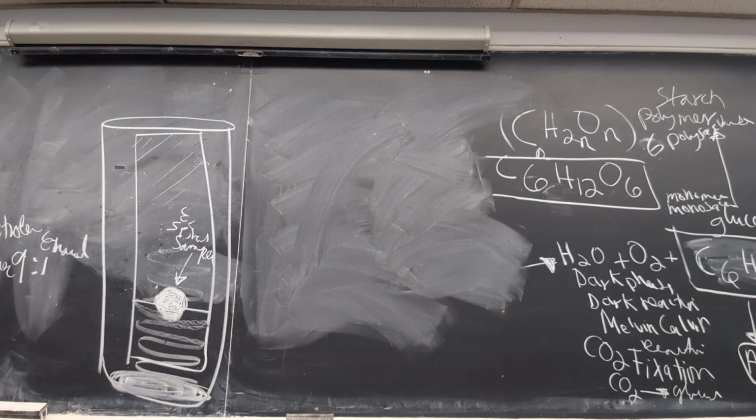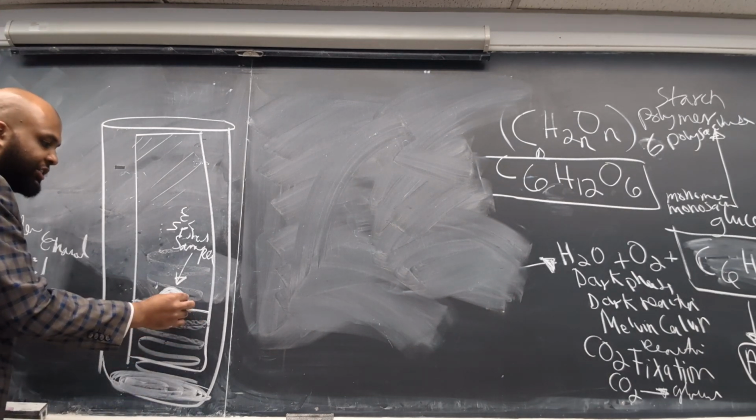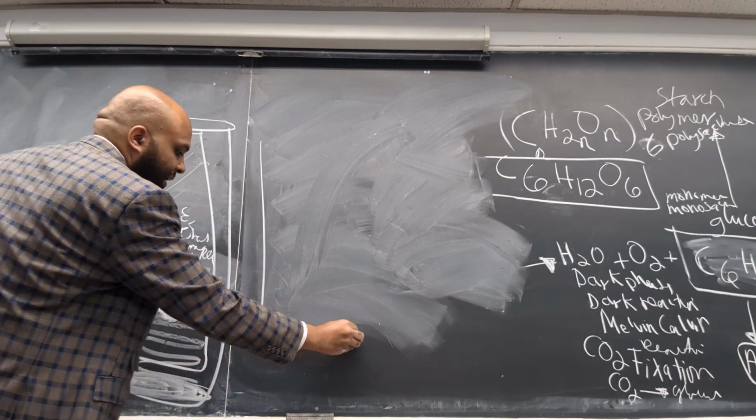So if it's non-polar, it's only going to dissolve non-polar substance. If it's polar, it will only dissolve polar. If you're non-polar, you can never dissolve in a polar substance. If you're polar substance, you can never dissolve in non-polar substance. So likes dissolve like.